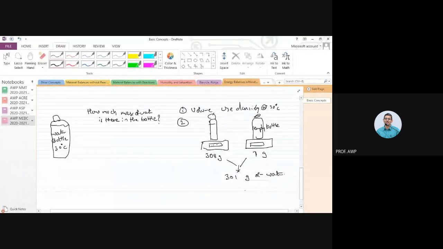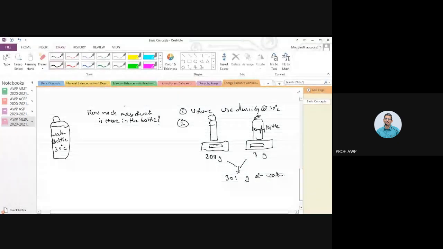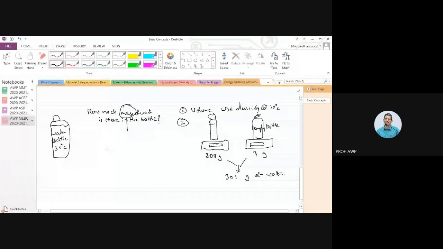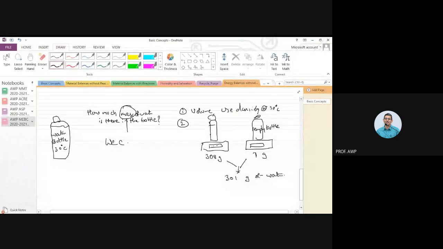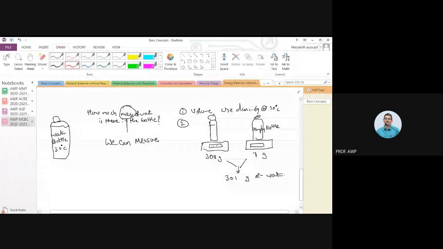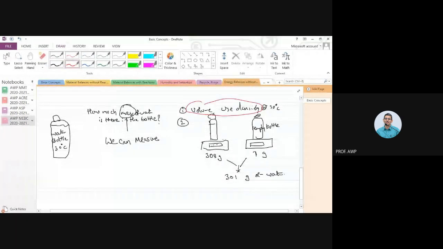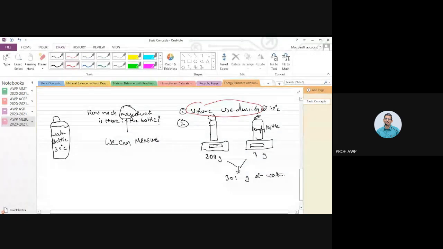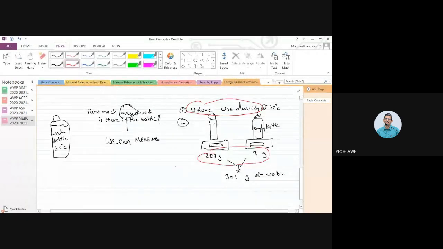So mass is something that we can measure, either through volume and density, or by directly weighing. And if I know the substance is water, I can divide by molecular weight and get gram moles of water as well.